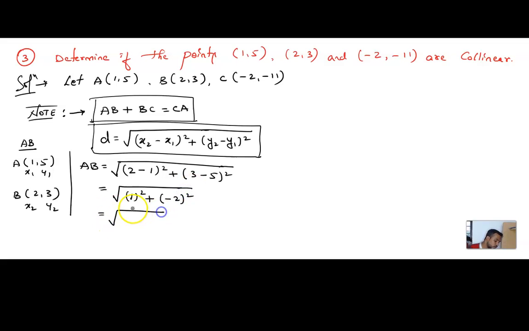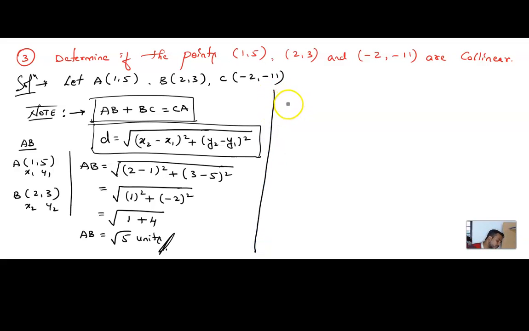So that is root of 1 square, that is 1, plus (minus 2) whole square, that is minus 2 into minus 2, minus into minus is plus, 2 2s are 4. That is root of 1 plus 4, that is 5. Is 5 an odd number or an even number? Odd number. So which is the least odd perfect square? That is 9, 3 3s are 9. In the 9 table, will you get 5? No, we don't get 5. So keep it as it is. So AB is equal to root 5 units.